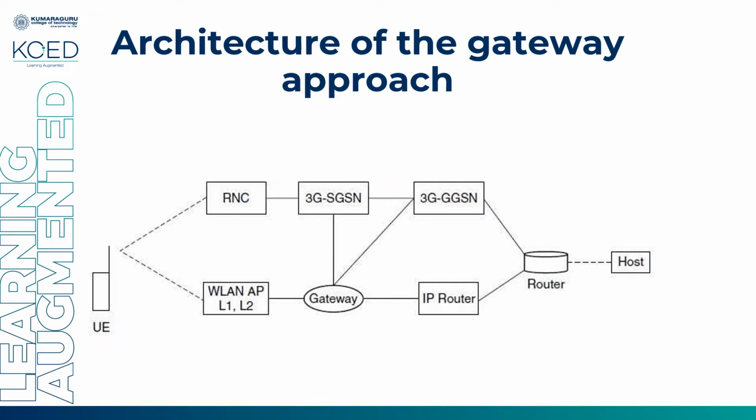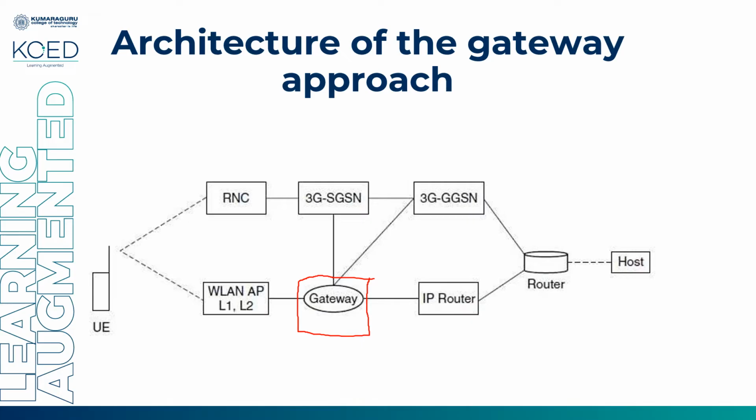See, this is the architecture of the gateway approach. So we have got the original wireless LAN network, we have got the original 3G network. We are not going to modify either of the networks. Instead, we introduce a node which is called a gateway node, and this gateway will take care of roaming or movement or internetworking between these two networks.